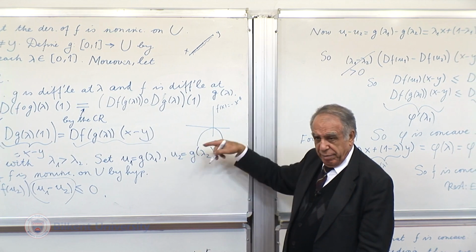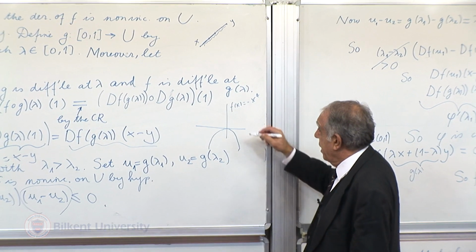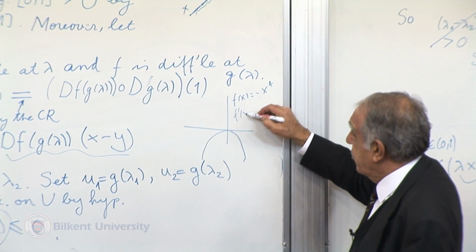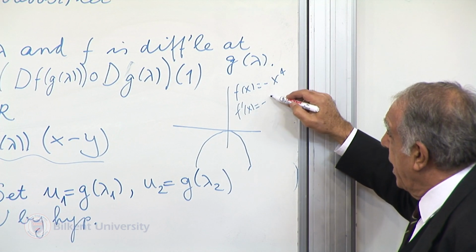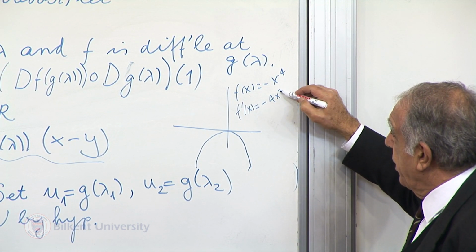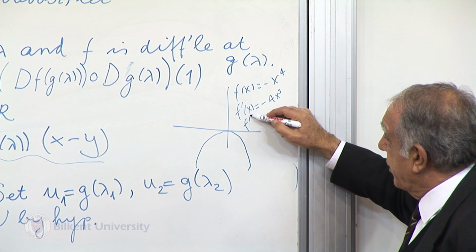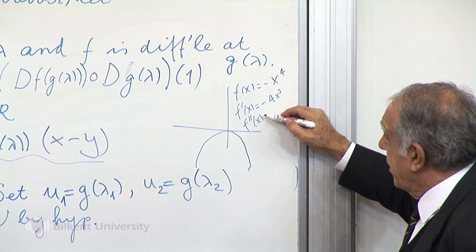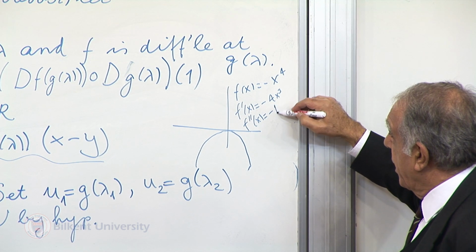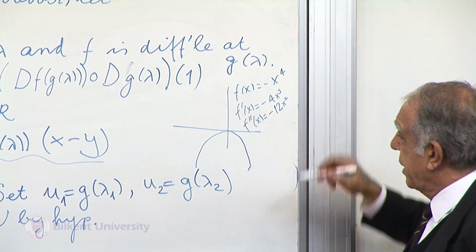Its first derivative, f prime x, will be minus 4x cubed, and f double prime x will be minus 12x squared.